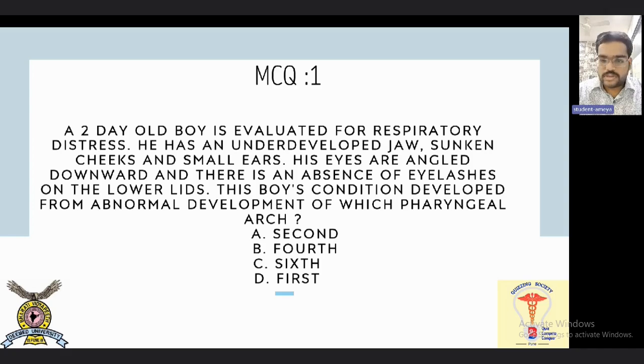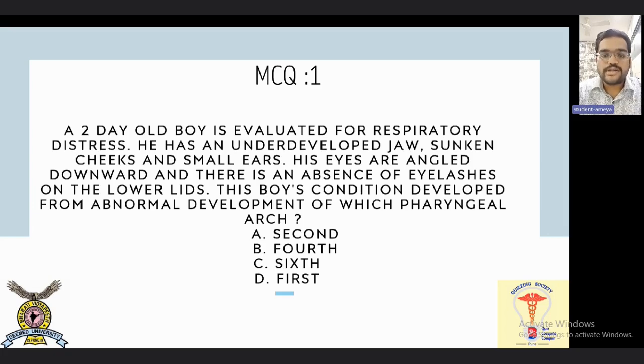Eyes angled downward, that is down slanting of the palpebral fissure. Absence of eyelashes on the lower lids. These three things actually, sunken cheeks, down slanting of the palpebral fissures, and absence of eyelashes on the lower lids, they are diagnostic of Treacher-Collins syndrome.